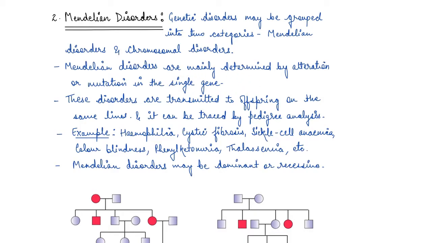Now, these disorders are transmitted to offspring on the same lines as Mendelian inheritance. Remember that these are transmitted to offspring on the same lines and these are traced by pedigree analysis. For example, hemophilia, cystic fibrosis, sickle-cell anemia, color blindness, phenylketonuria, or thalassemia.